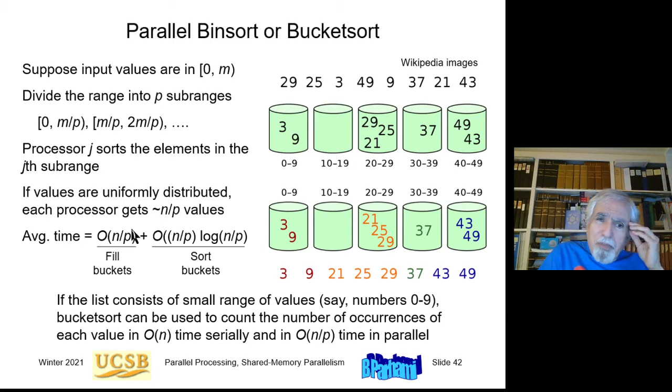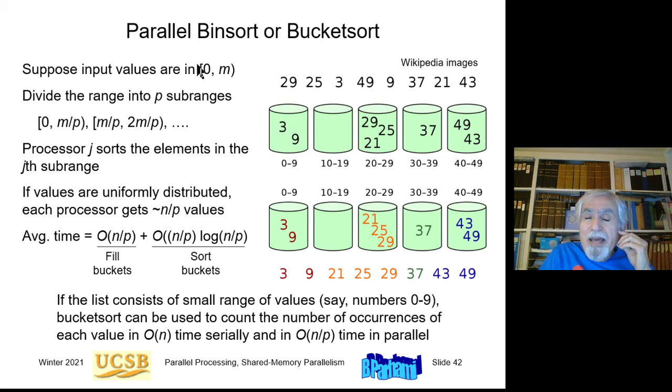So average time is order n over p, where the processors go and put their values into the buckets, plus order n over p log n over p. This is the sorting time for each bucket, which is done by one processor.